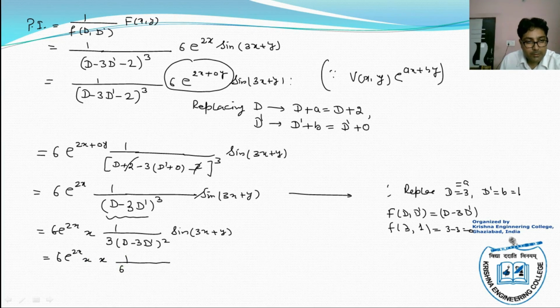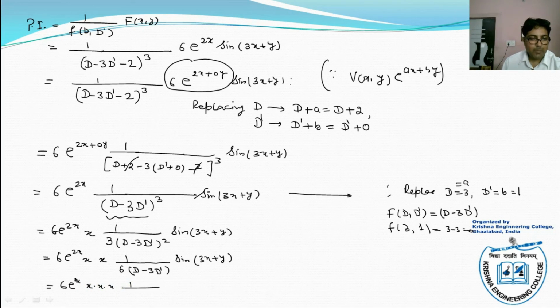So this becomes 1 upon 6(D minus 3D'), sin(3x plus y). Again we replace D by 3 and D' by 1. So this becomes 0. So we multiply again by x, and differentiate again.